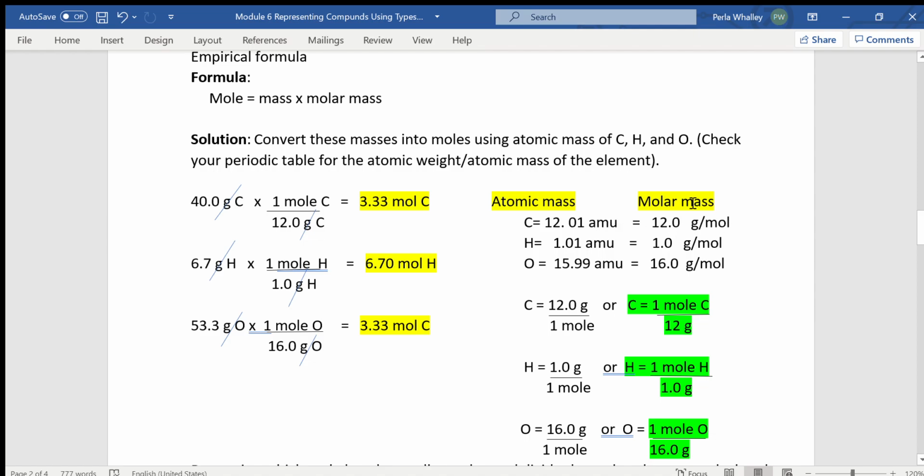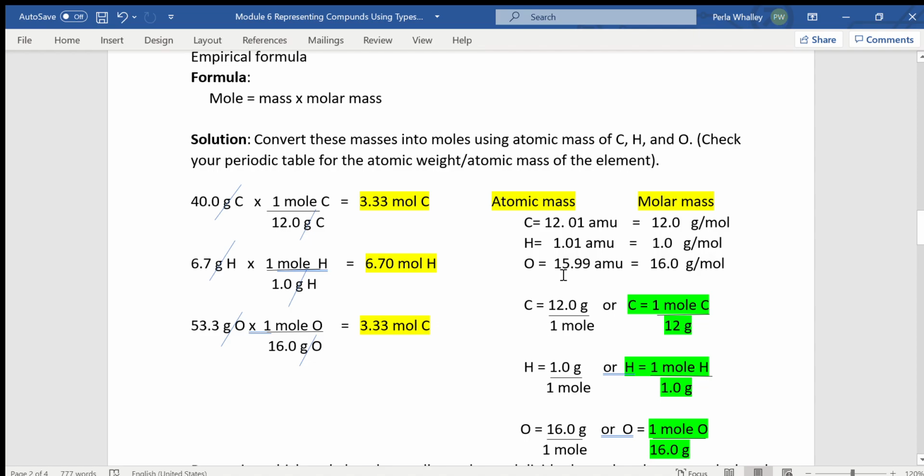So the molar mass of carbon is 12.0 gram per mole. Mol is just a shortcut or abbreviation for mole. Okay? Hydrogen is equal to 1.01 AMU. We rounded off to 1.0 gram per mole and change the AMU to gram per mole.